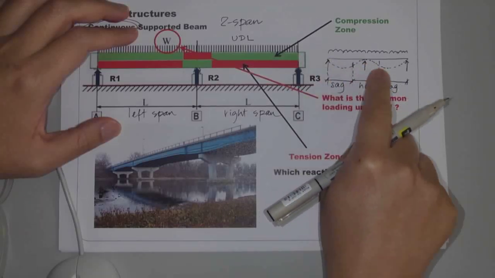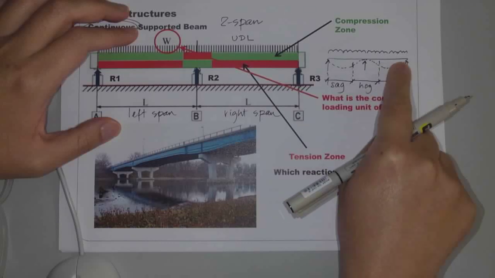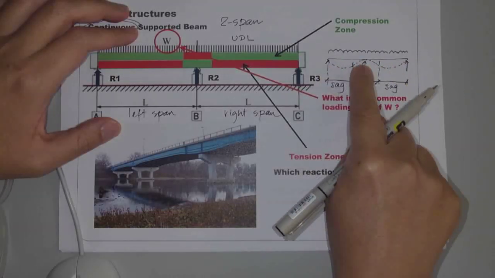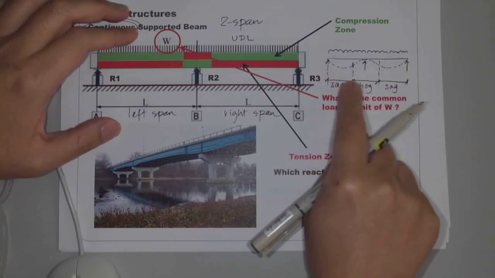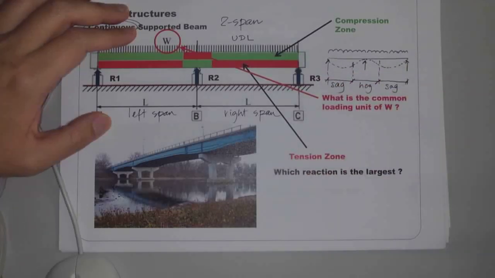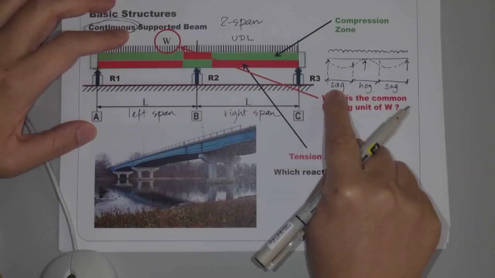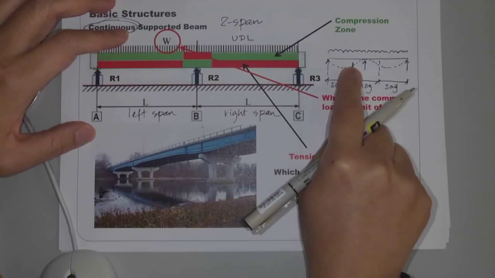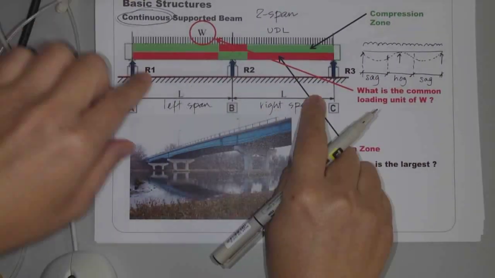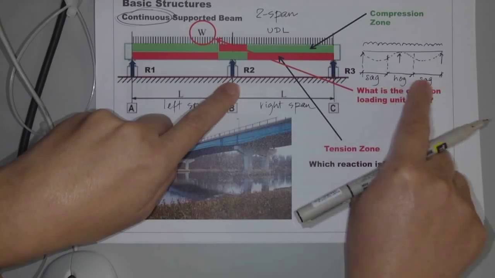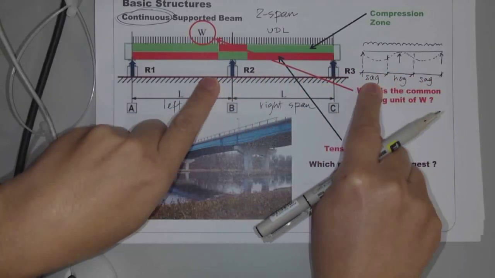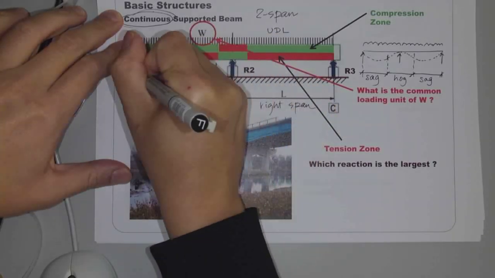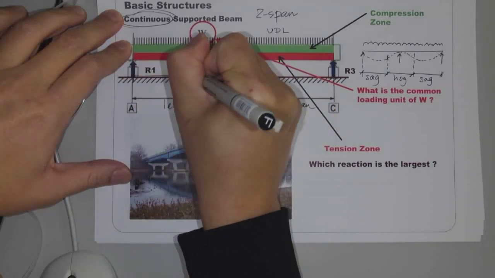So from the deflected shape, you can tell which part approximately is sagging, which part is hogging, which part is sagging. So this beam has actually 3 parts: sag, hog, sag. So from this, I can tell this part of the beam is sagging. That means you now look at these 2 diagrams together. This part is sagging. This part. This is sagging.